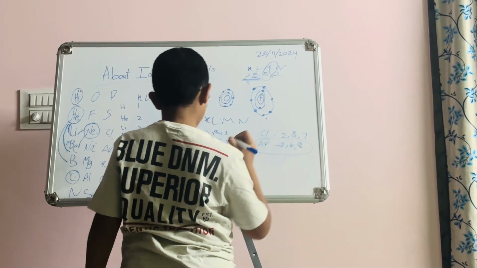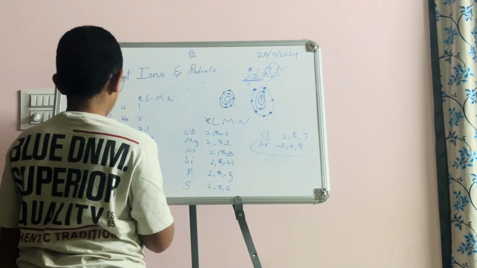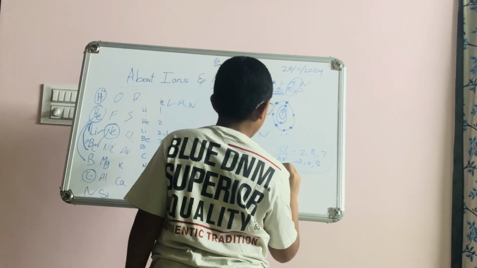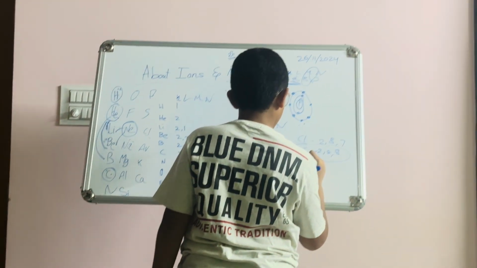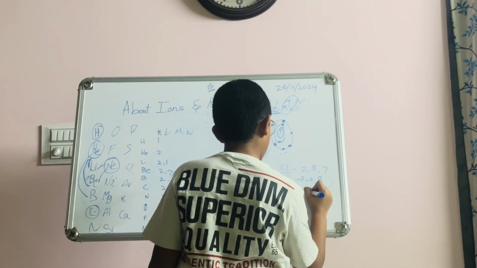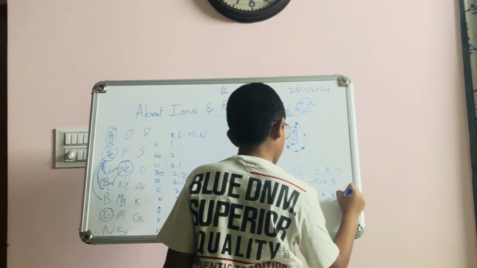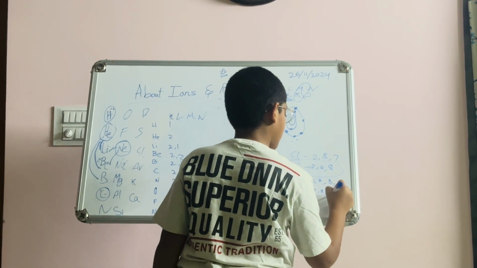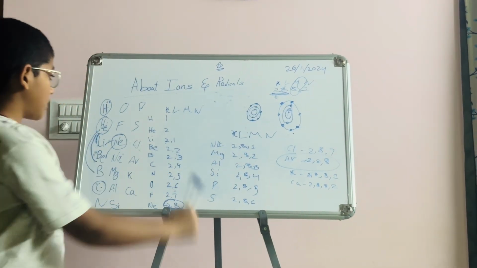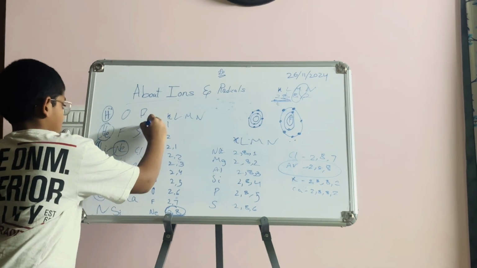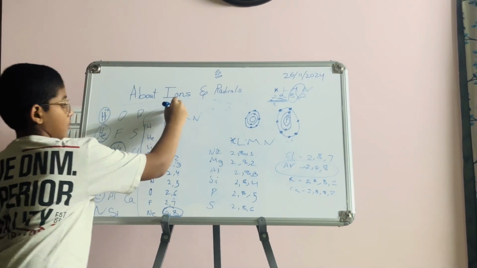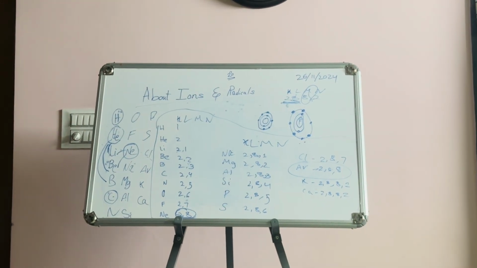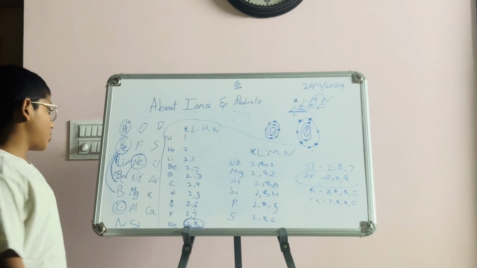This is stable. So now it goes for the next shell, the N shell. Potassium 2 8 8 1, calcium 2 8 8 2. These are the electron configurations of elements 1 to 20.